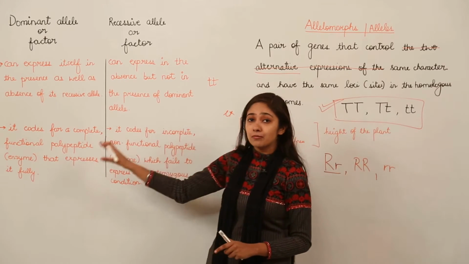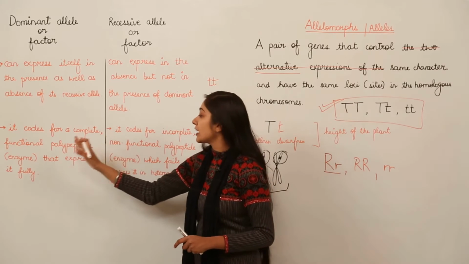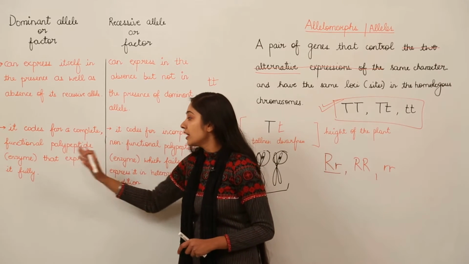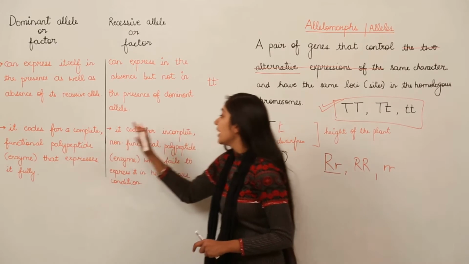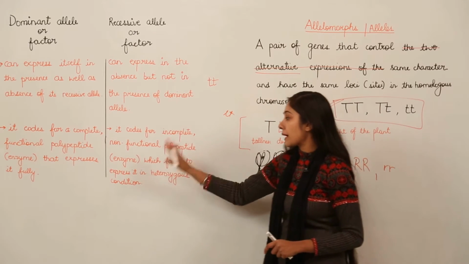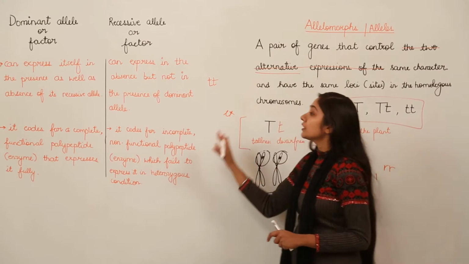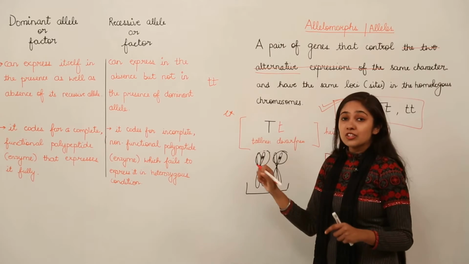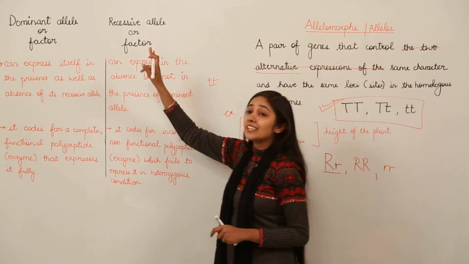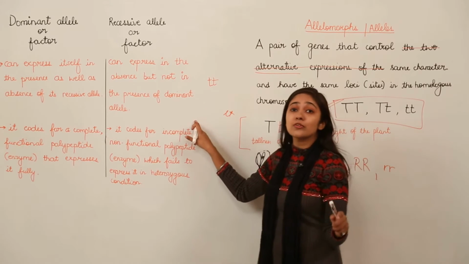Next we move on to the second point of difference between these two. We have it codes for a complete functional polypeptide or enzyme that expresses it fully. It codes for incomplete non-functional polypeptide or enzyme which fails to express it in heterozygous condition. So this is the key point which tells you why this dominant allele is going to express itself and why this recessive allele is not going to express itself.